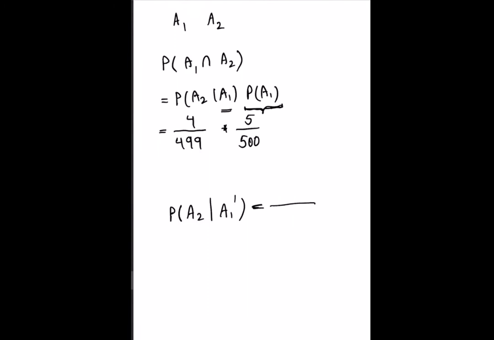So in total, I have 499 containers left because I already have selected one. That's the first one. And out of these 499, how many of them are defective? All 5 defectives are left. Why? Because the first container that I picked is not defective. So all 5 defective items are left. So that tells me the probability that the second container is defective, given the fact that we know the first container is not defective.